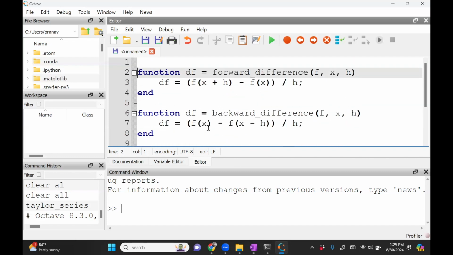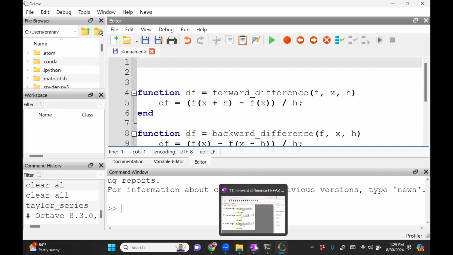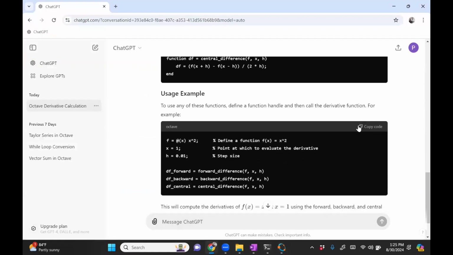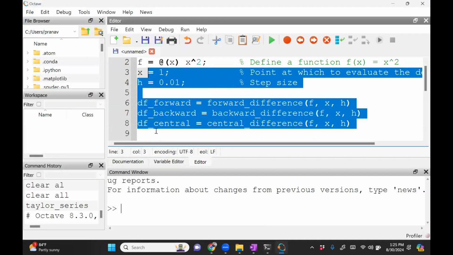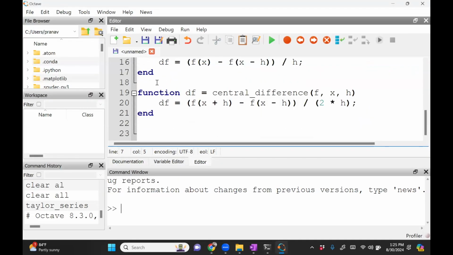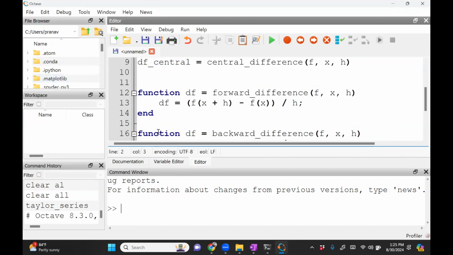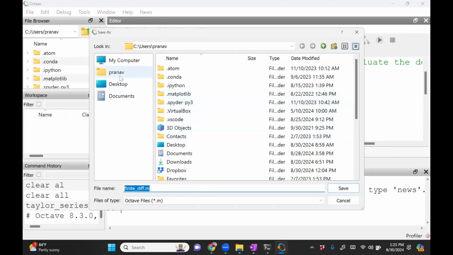We'll go with this flow. You want to have the main file which calls these functions. So let's copy the last piece, which is this one, and put it here. Now when you define functions like this, you want to define function finite difference, and then you want to end it. Okay, it's asking me to save this. So let me save it.